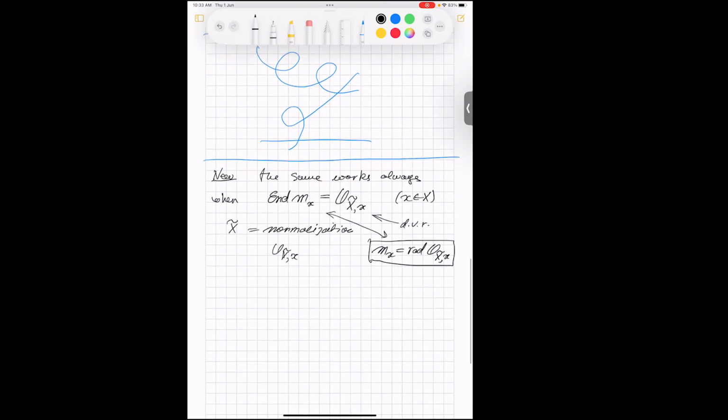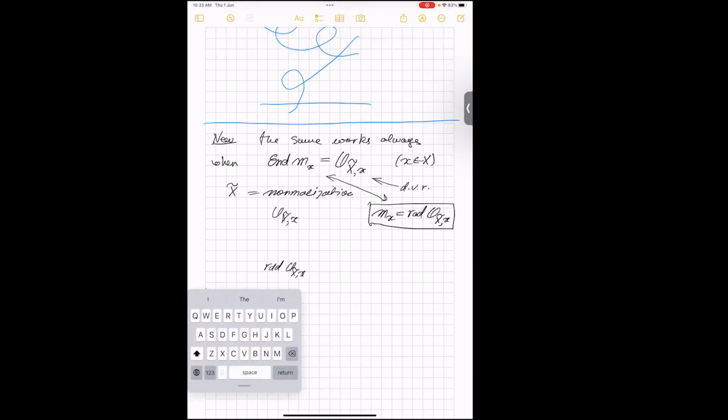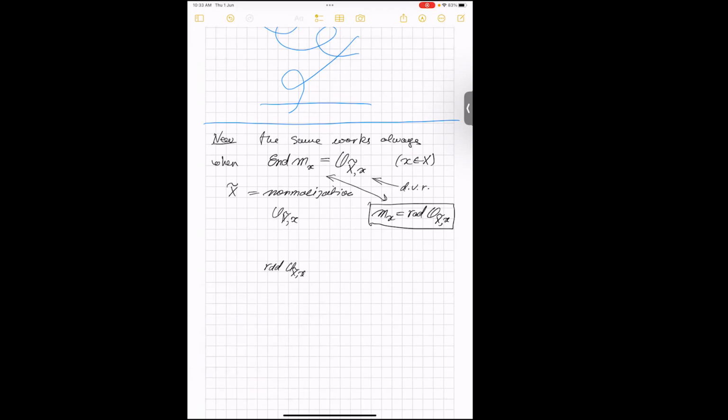We have X tilde, then we have its radical. And O_X is in between, something like this.